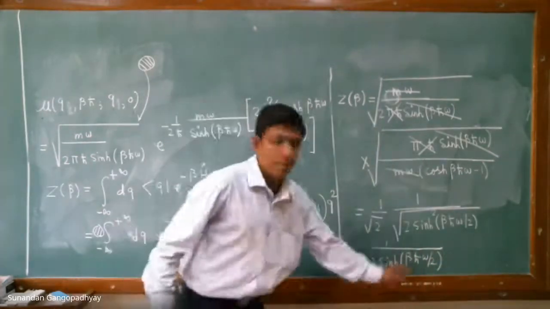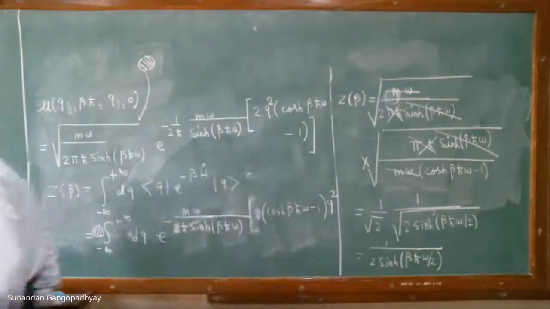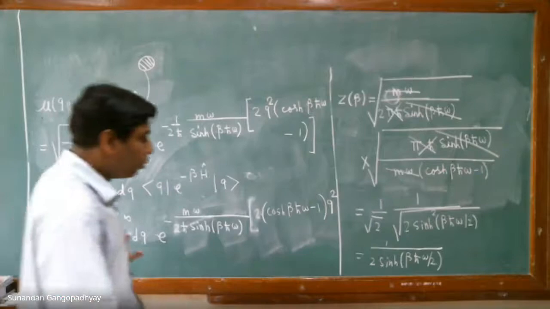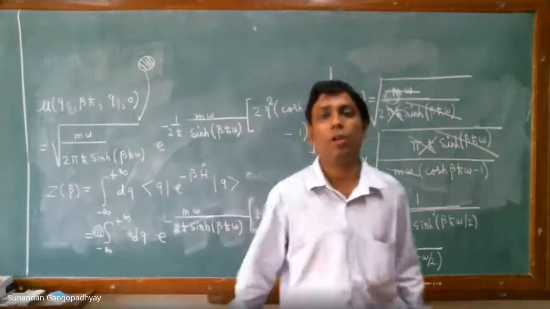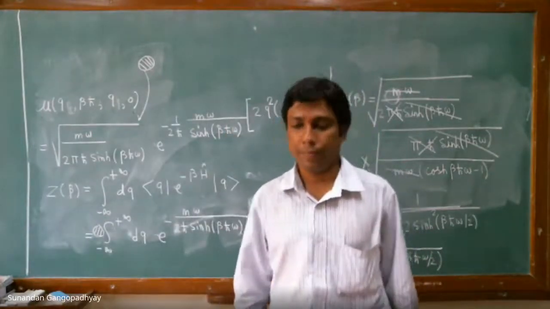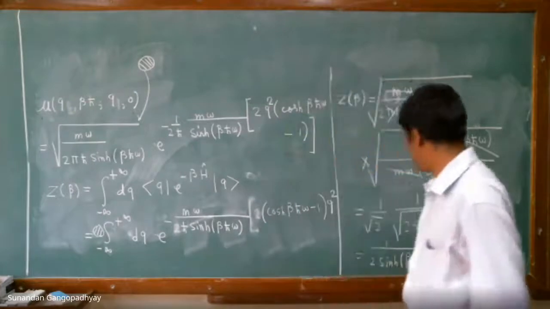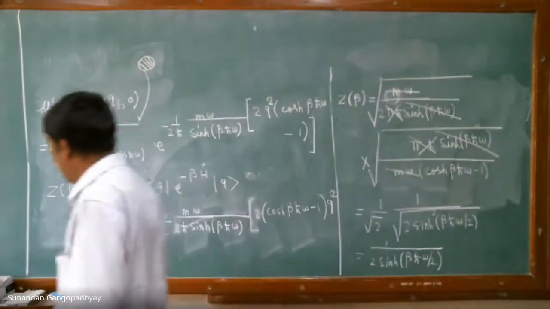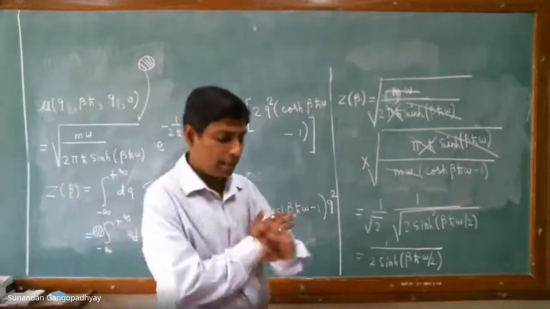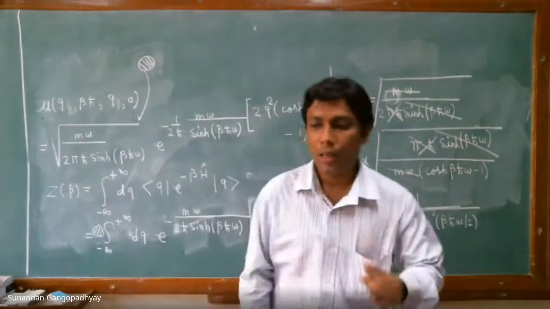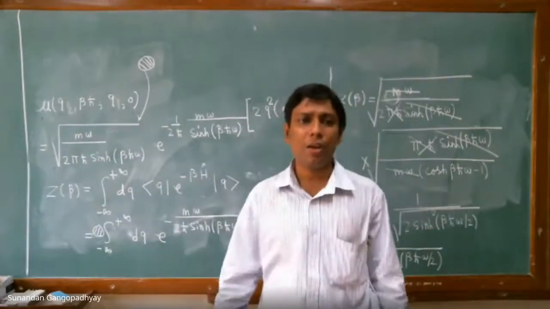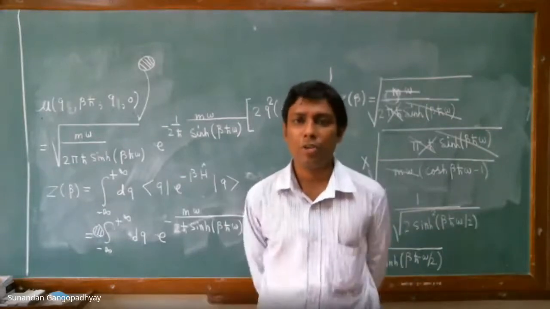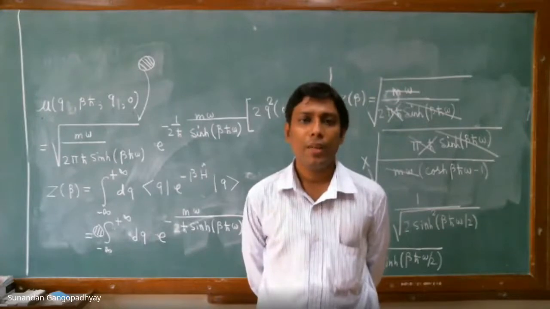So you get back, you have done the computation of the partition function now from the Euclidean path integral formula for the partition function. So you get the same result. But it is a lot of hard work because you can see that you can get the result immediately, right? You can get the result for the partition function of a simple harmonic oscillator, quantum harmonic oscillator in one dimension very easily.